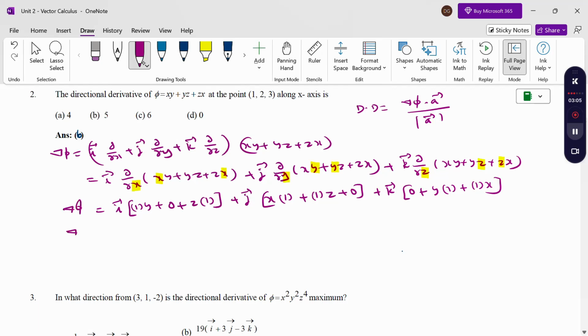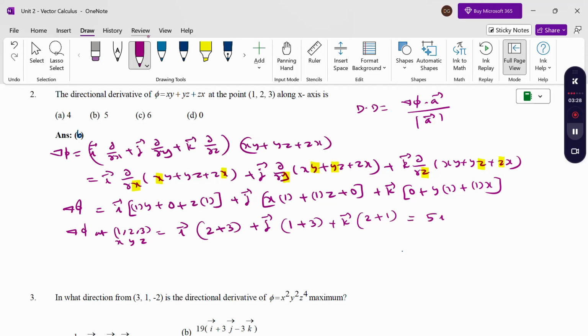So substitute del phi at the point (1, 2, 3). So 1 is x, 2 is y and 3 is z. Therefore i vector, y 2, z 3, so 2 plus 3, plus j vector, x value 1, z value 3, plus k vector, y value 2, x value 1.